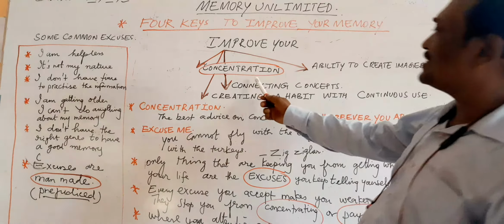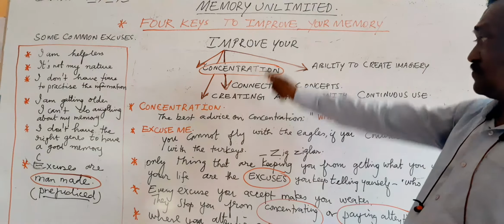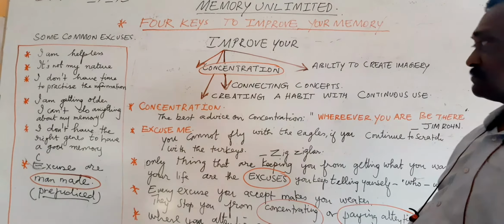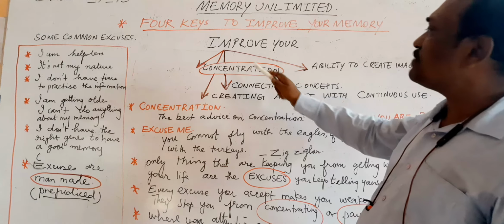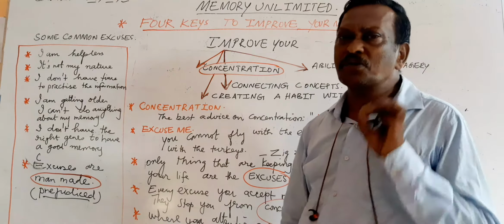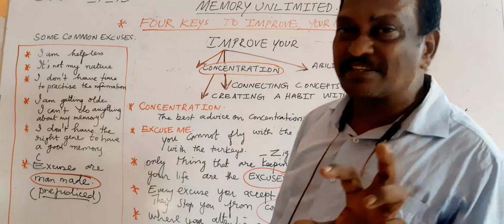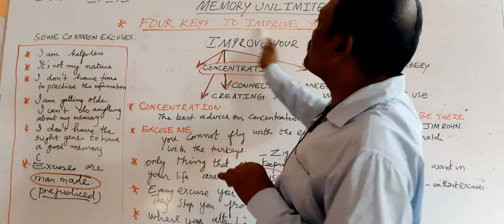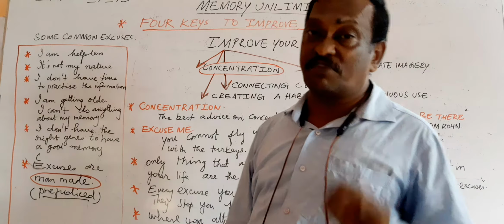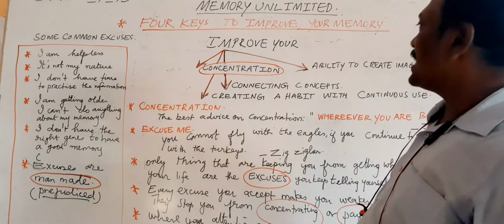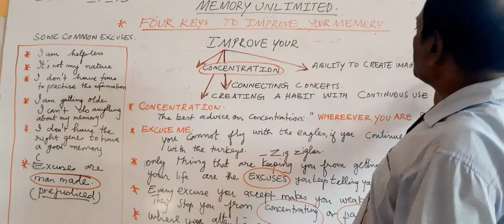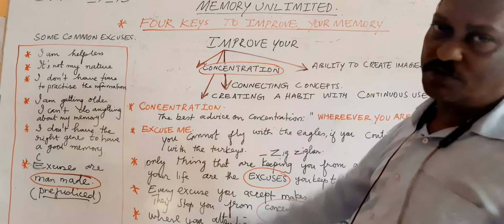What are these keys? If you look at the whiteboard properly, you can understand that concentration plays the main role, or a significant part, in improving your memory. Concentration. So, number one is concentration, and then the ability to create imagery.